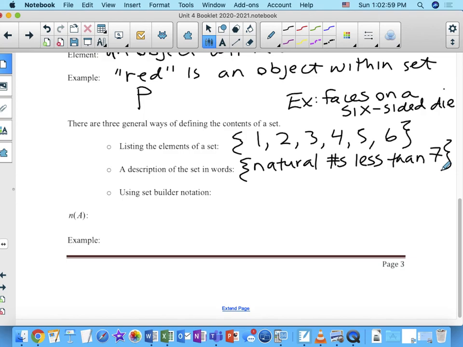So using set builder notation, if we were to define this set, we would say the set of n such that n is less than 7 and n is an element of the natural numbers. And we'll talk in a minute about what natural numbers are if you have forgotten what those are. Okay, now this over here, n of A, okay, that's called the order of a set or the number of elements within the set.